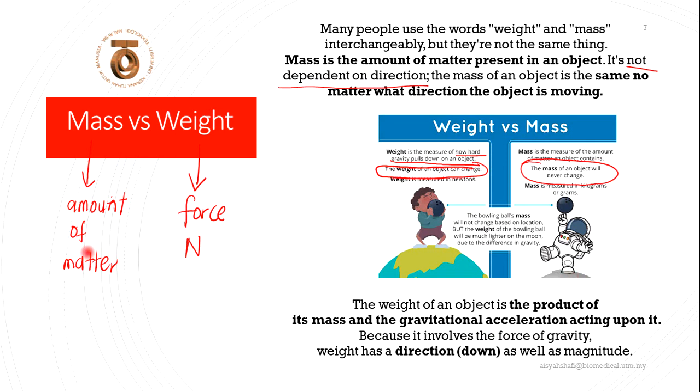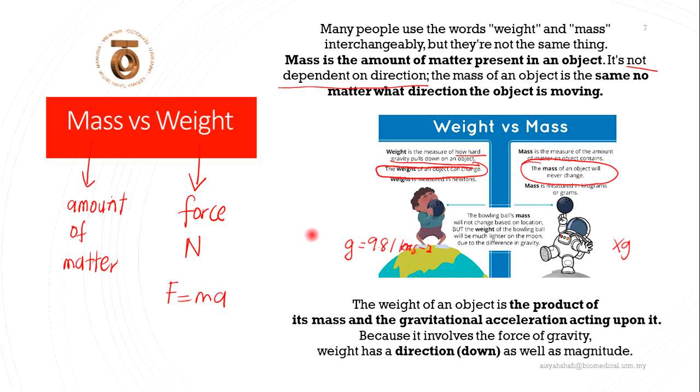So weight is force, equal to ma. On Earth, the gravity is 9.81 m/s squared, and on the moon there is no gravity.